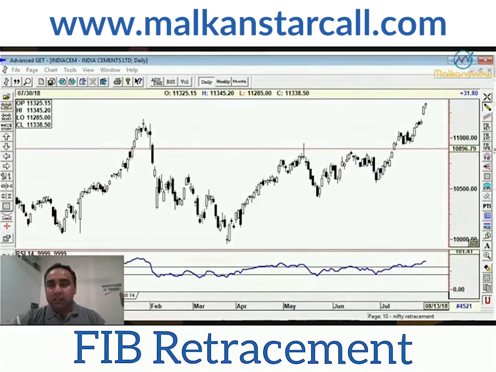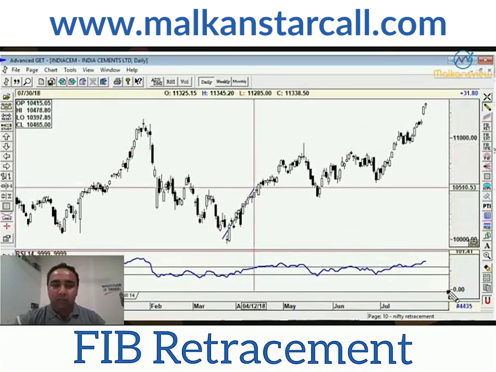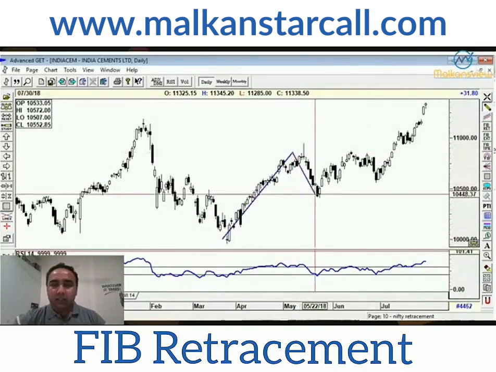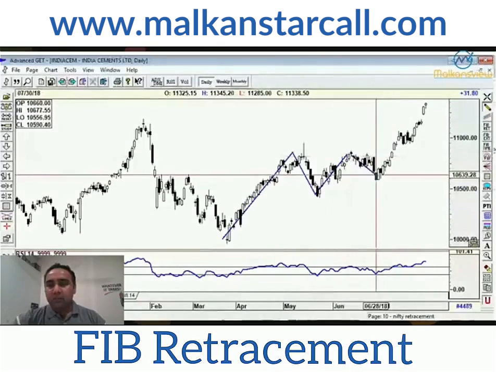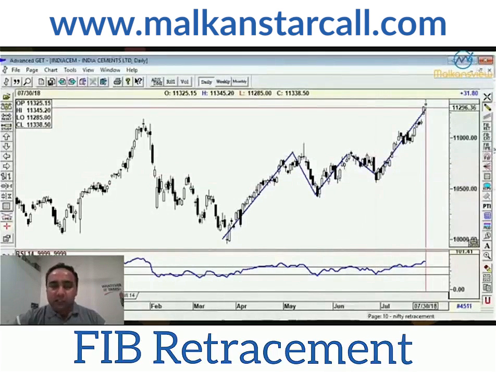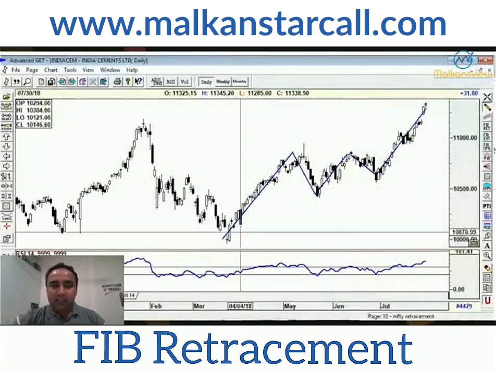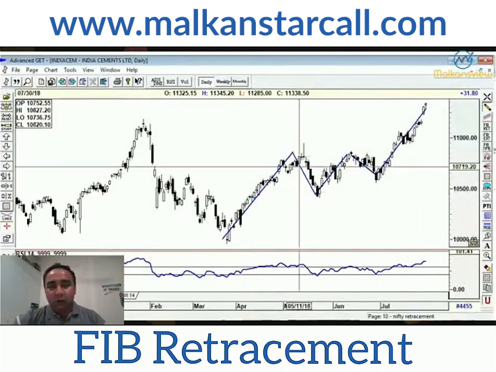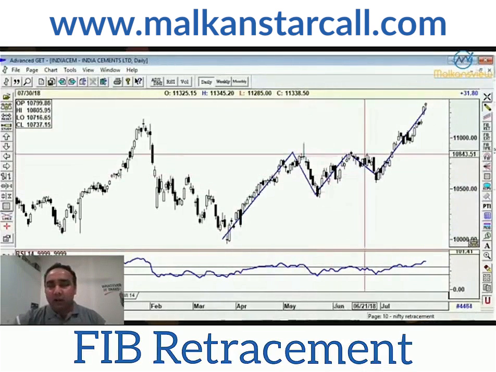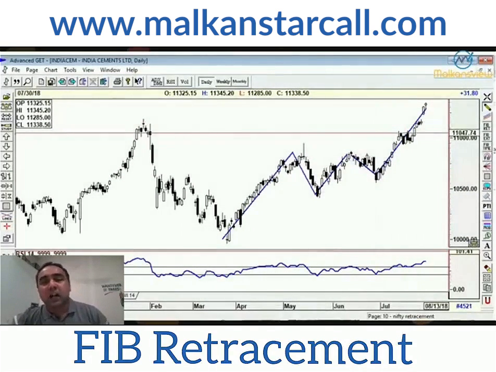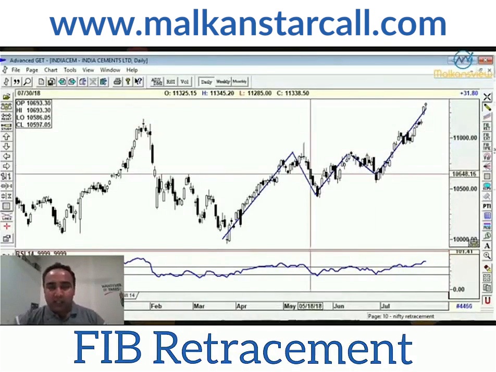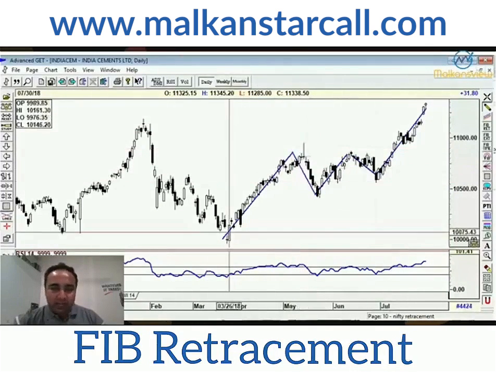Retracement. So it goes up, then comes down, then goes up, then comes down, and then goes up. This is the main trend, and this is the counter trend. Main trend, counter trend, main trend, and maybe a counter trend. So this counter trend is called a retracement. It is retracing the previous territory.